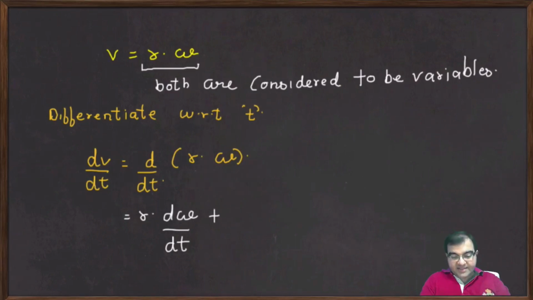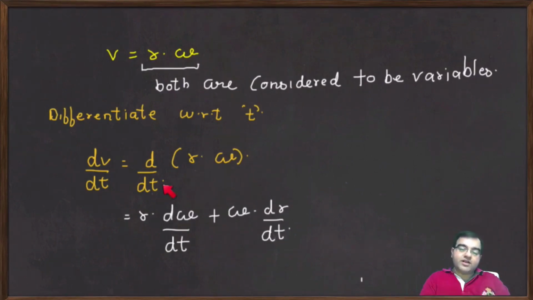Keep your omega as it is. Take the derivative of the first term, which is dr by dt. So you have r d omega by dt plus omega dr by dt.